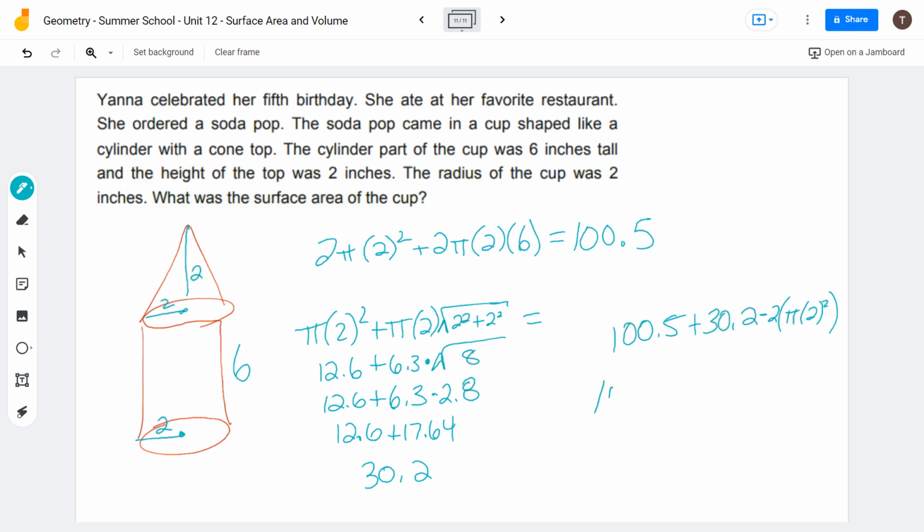And that gives me 105.6. So that would be my surface area, and that was all in inches. It's surface area, so it's inches squared.